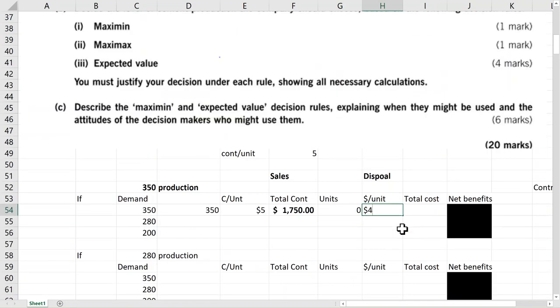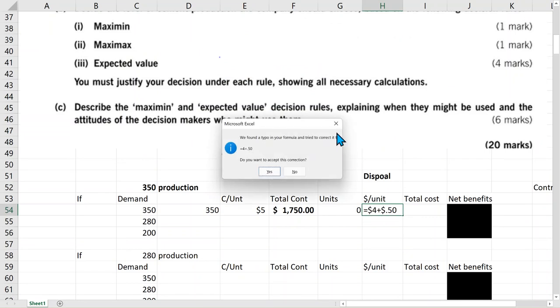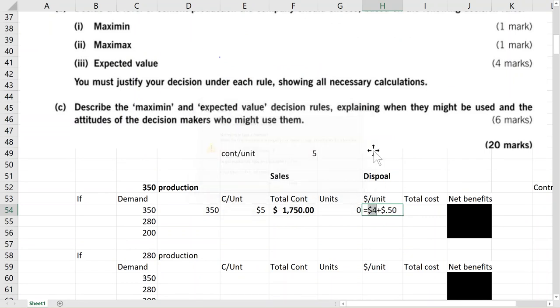So $4 plus 50 cents, which will be $4.5. So there's nothing to dispose, so no cost of disposal. So the net benefit, if we produce 350 and demand is 350, we will earn 1750 net benefit.